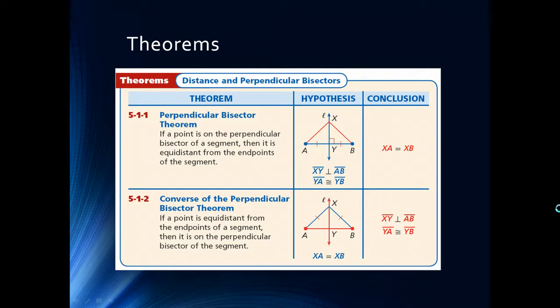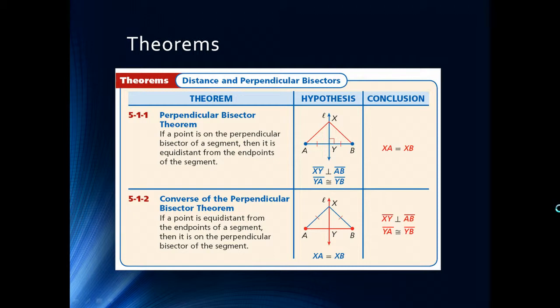What the perpendicular bisector theorem says is that if a point is anywhere on line L, then it is equidistant from the two endpoints of the segment. That is, it is equidistant from A and B. So XA will equal XB.